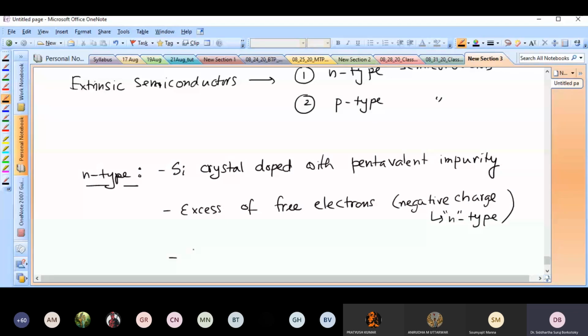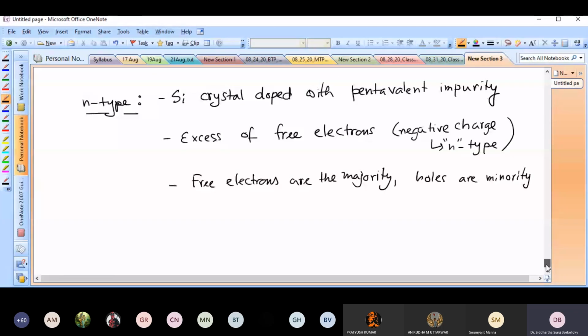The free electrons are the majority here. Holes are the minority. That is why we term the free electrons majority carriers.